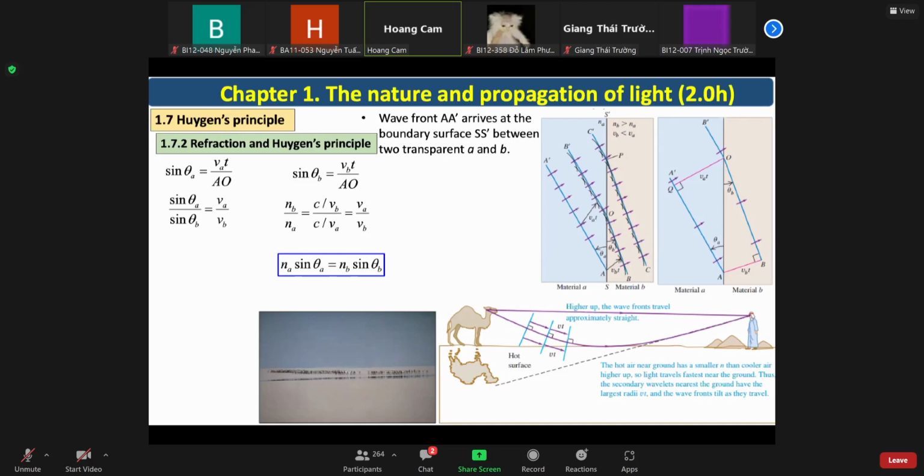In that case, sometimes you can feel like you have some water in front of our eyes. Or here, showing you in the desert, the camel.